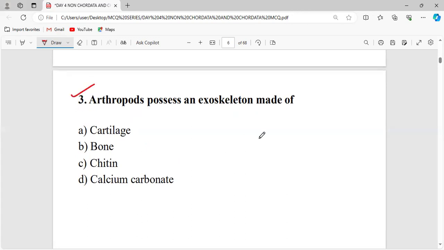Now, arthropods possess an exoskeleton, and that exoskeleton is made of cartilage, bone, chitin, or calcium carbonate.